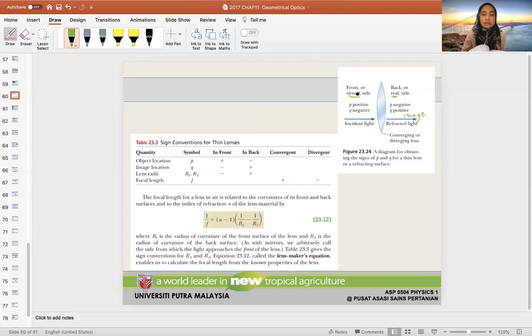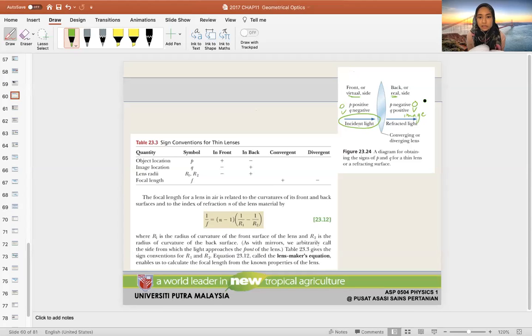However, it doesn't mean that the image cannot be formed there. Boleh je. Object can be in front or behind the lens because the key thing here is incident light. So here object can be in front, object can be at the back. Light is from one side, object can be in the front, object can be at the back. Image can also be in the front, image can also be at the back.